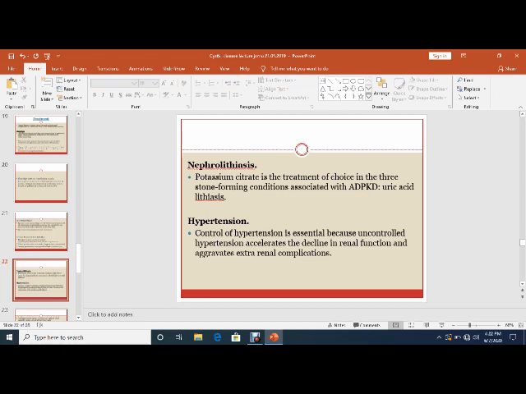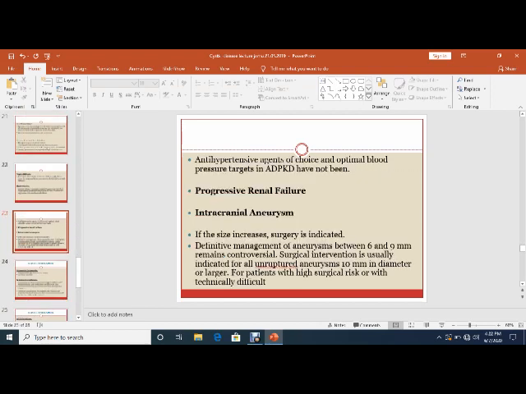Hypertension: control of hypertension is essential because uncontrolled hypertension accelerates the decline in renal function and aggravates the extrarenal complications. The choice of antihypertensive agents and optimal blood pressure target in autosomal dominant polycystic kidney disease has not been proved, but we should give an ACE inhibitor, angiotensin converting enzyme inhibitors, or angiotensin receptor blocker.